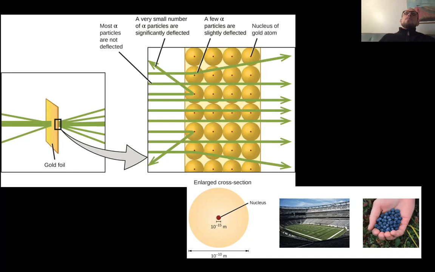That outermost part of the atom is made out of electrons, which have far less mass than the nucleus, but are taking up much more space. However, the electrons are not in the entire space all the time. And so when the alpha particles travel through the gold foil, they're mostly traveling through the empty space of that stadium.